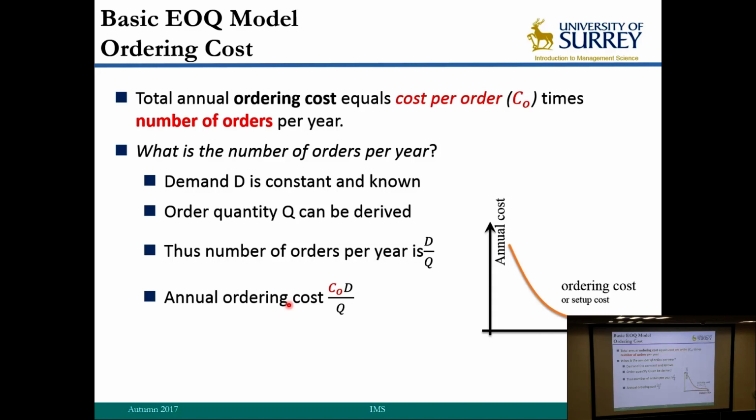This is the relationship between the ordering cost and the quantity, where quantity is how big each order is.